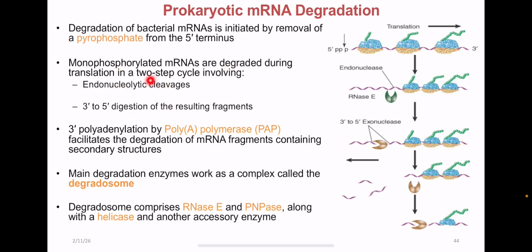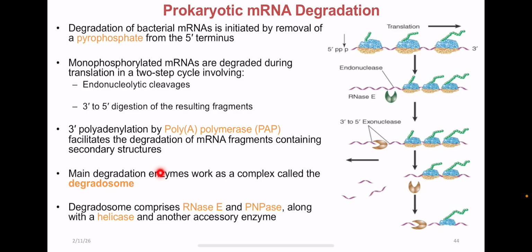Monophosphorylated mRNA will now be targeted by endonucleases. Endo means they cut within the molecule, so they will cut within the molecule into small fragments. Then there will be 3' to 5' digestion of the small fragments that we got from the endonucleolytic cleavage. The main degradation enzymes work as a complex.